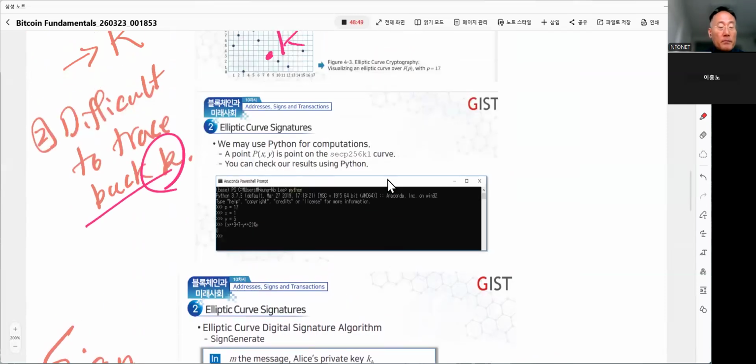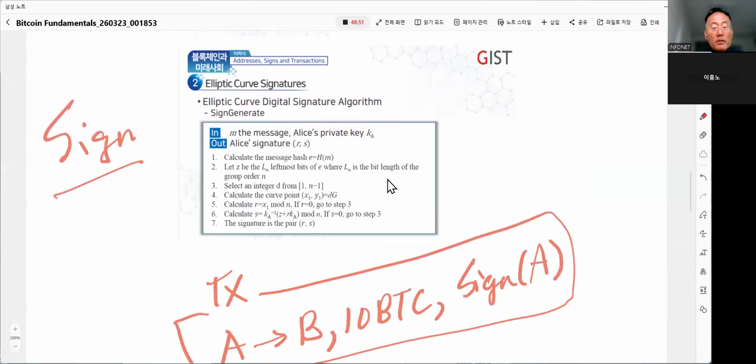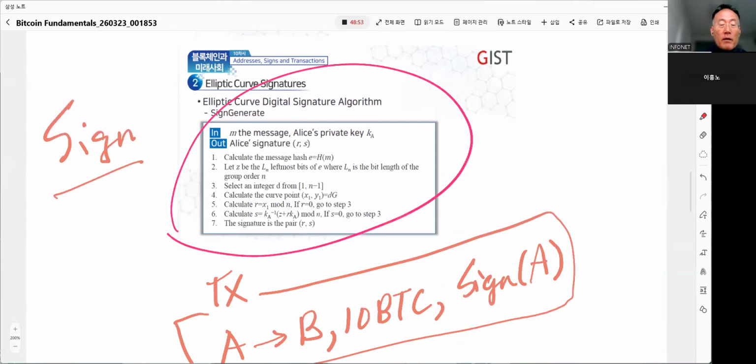Here we have a signing algorithm. Once you have that one-way function designed, then all you need to do is sign the message. The message is basically a transaction. You put this as an input, then you get the signature.